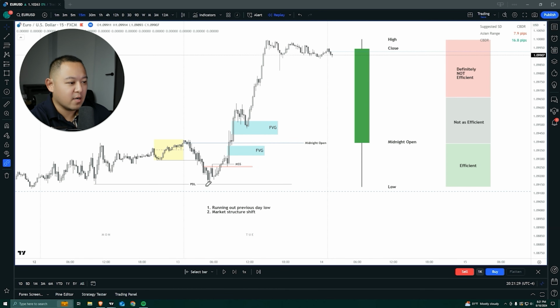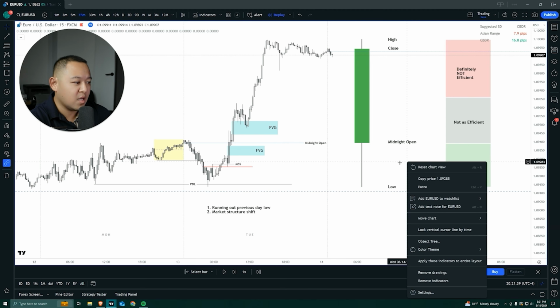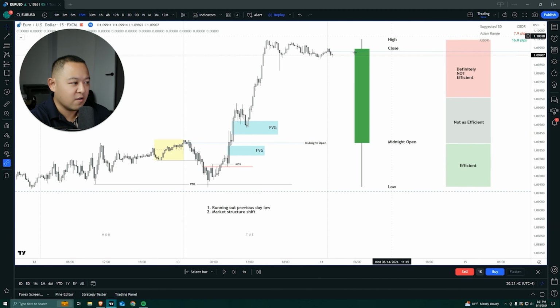So in order for us to increase our win rate and avoid certain trades where the market's already expanded away from that specific open, my biggest tip is to understand where you are as part of a daily candle, or whatever that higher time frame candle is. You can say this is an hour. Let's pretend this was from 11 a.m. to noon. It's essentially the same thing you would do on the lower time frame.